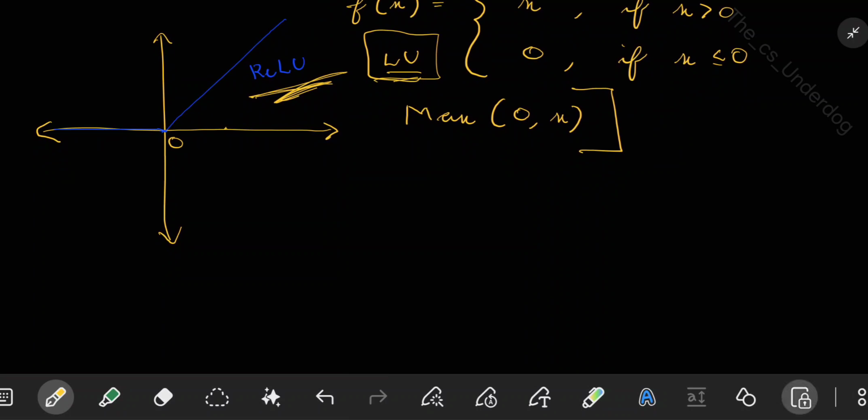The first thing we already discussed is the vanishing gradient problem. Let us see where this comes from and how ReLU is rectifying it. First of all, what is this problem? Let us say you have a feed forward neural network. You are training it.